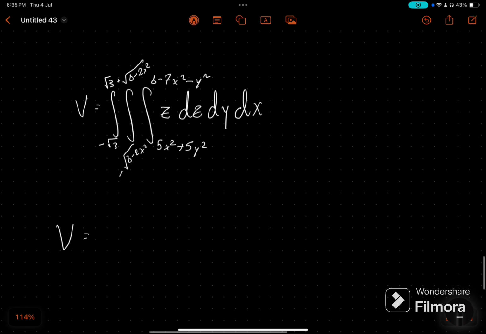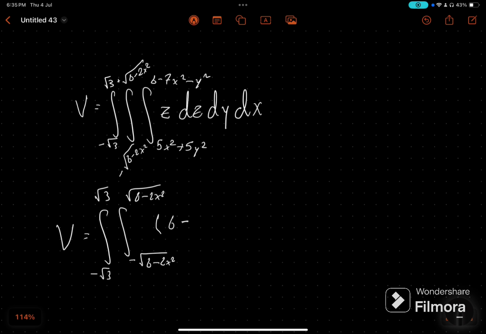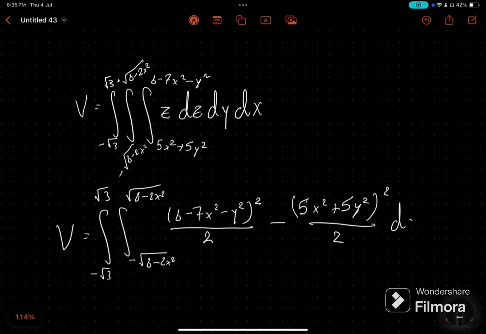V equals the integral from minus root 3 to root 3, then from minus square root of 6 minus 2x squared to square root of 6 minus 2x squared, of 6 minus 7x squared minus y squared, all squared over 2, minus 5x squared plus 5y squared, all squared over 2, dy dx.